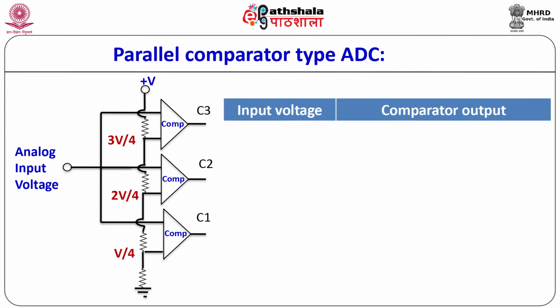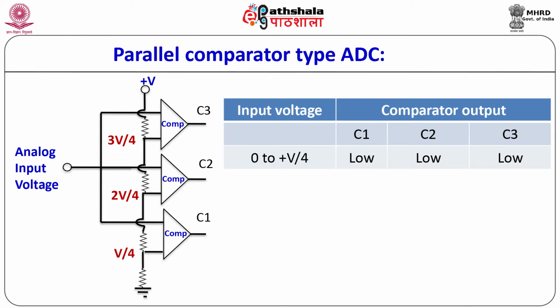When the input analog voltage is within the range of 0 to V by 4, the outputs of the comparators C1, C2 and C3 will be low, or at logic 0.